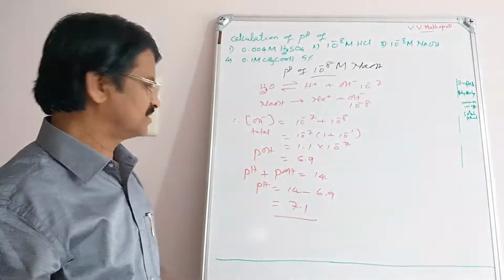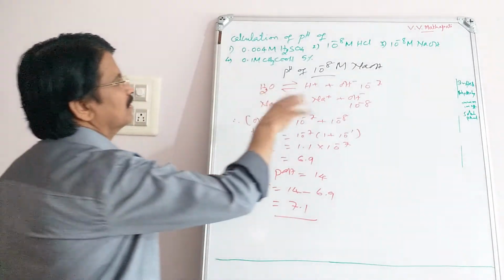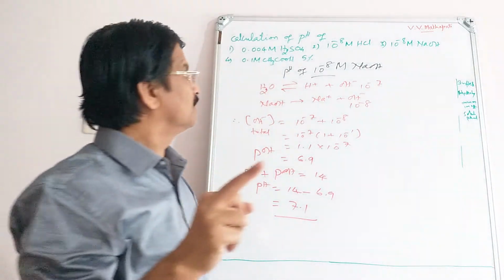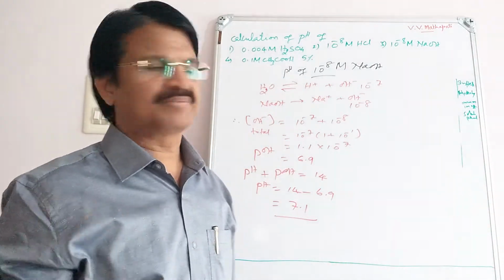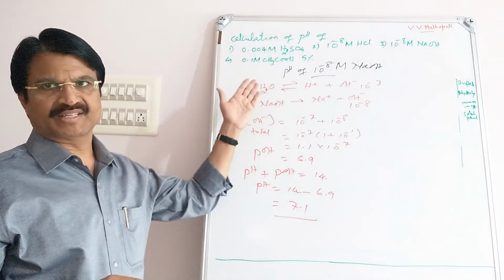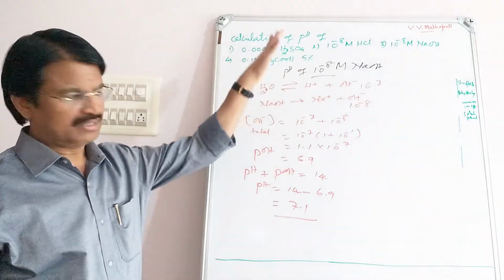Slight value changes. Anyway, it may be 10 raised to minus 8, 10 raised to minus 9, 10 raised to minus 7, 10 raised to minus 6. Follow this method, but not for 10 raised to minus 5. From 10 raised to minus 6 onwards we can use it.